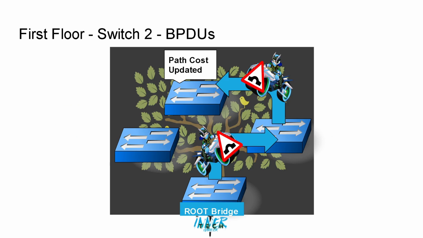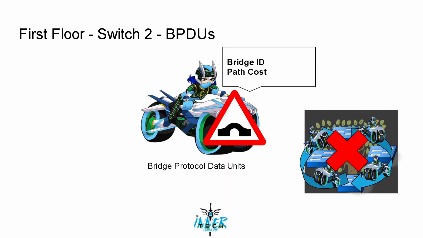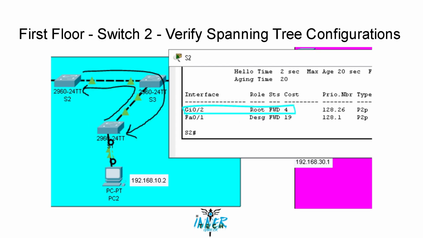The information then gets propagated as bridges pass along BPDUs of the route, updating the path cost and age. So basically, BPDUs contain key information about bridges and topology that allow STP to prevent switching loops. G02, after listening and learning from the BPDUs, would change its role to root and its status to forward.